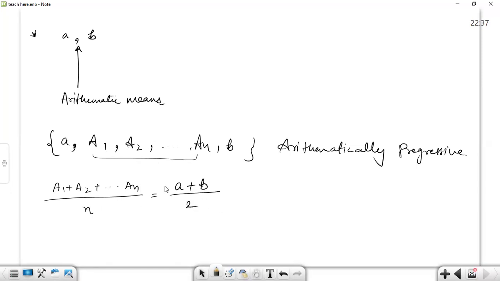If this is true, then the numbers can be inserted and it can formulate an arithmetic progression, AP. So if we simplify further, the sum of all insertions has to be equal to n into the arithmetic mean of those two numbers. Clear? Any doubts?